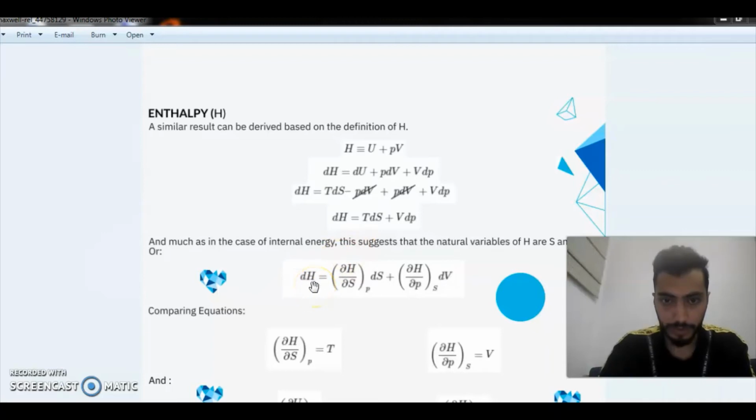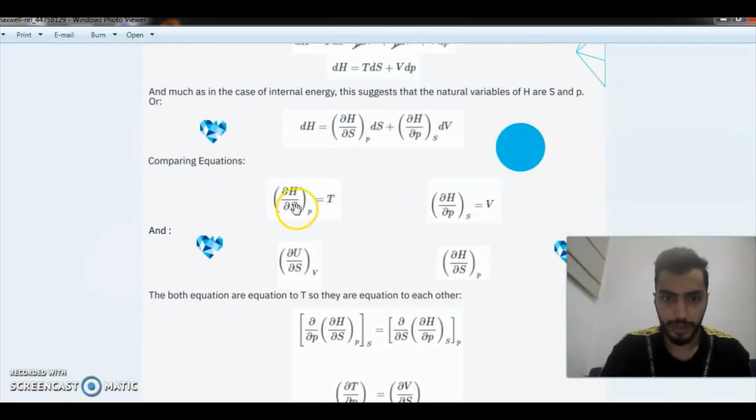Then we will find dH equals the differentiation of H over differentiation of S at constant P multiplied by dS, plus the differentiation of H over dP at constant S multiplied by dP. This one refers to T and this one refers to V.